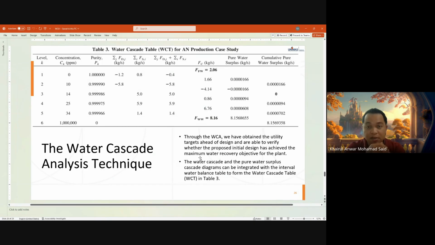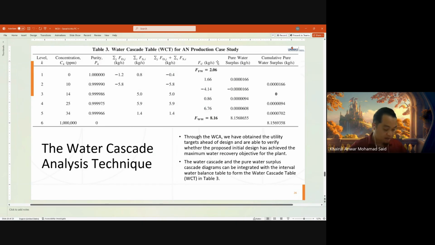So in terms of the table that you constructed earlier, if we want to include the cascading analysis as part of the table, rather than stopping at column 6, we add FC.